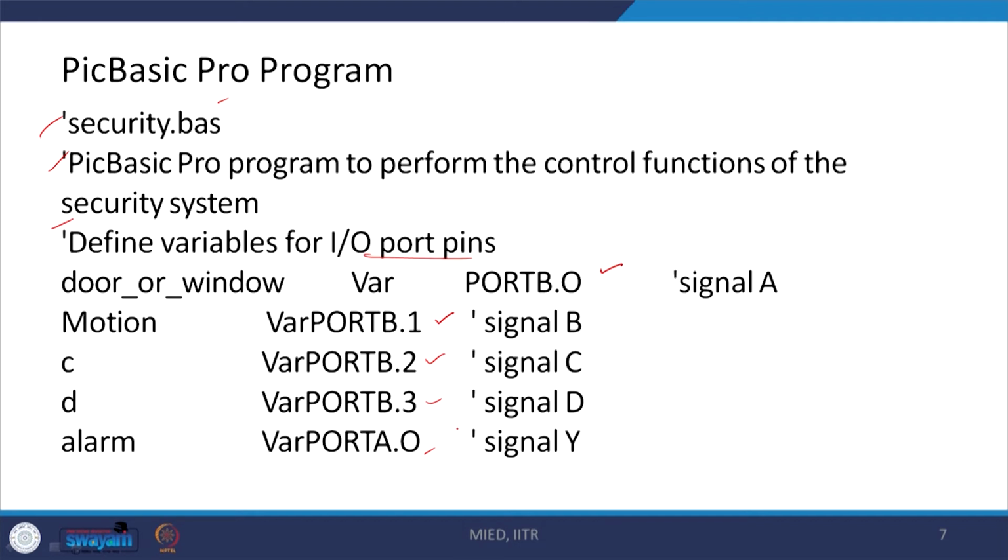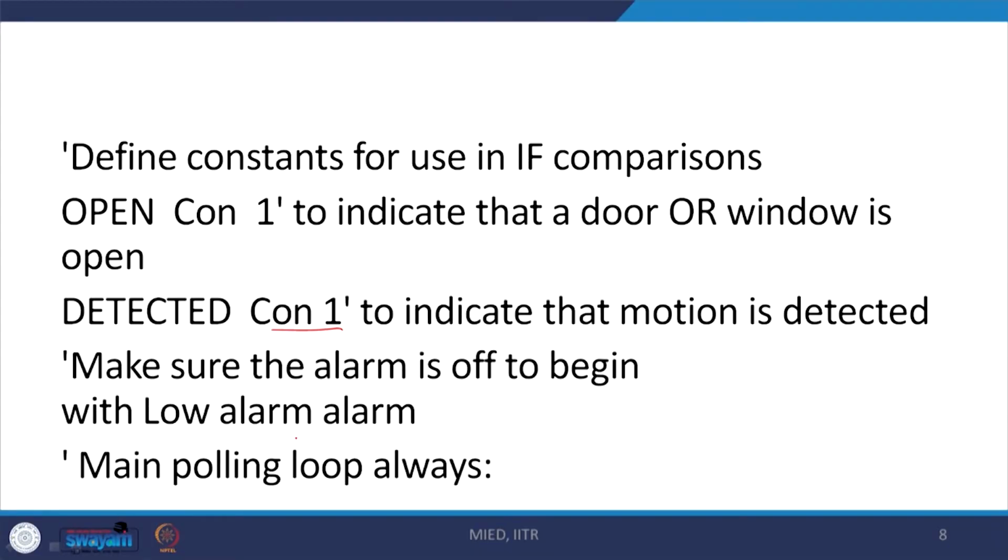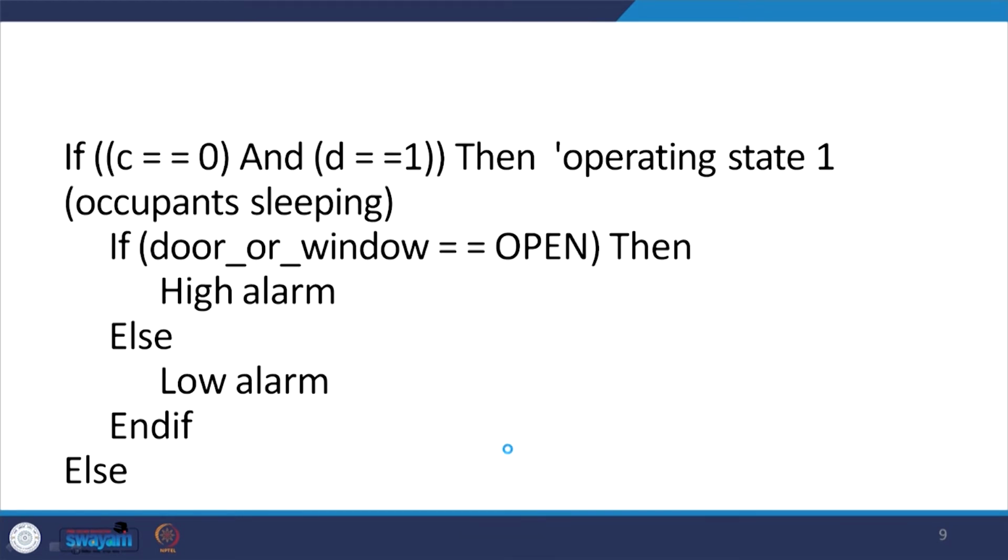So, this is port B0 and this is signal A, and likewise we have other signals, and here the variable detected is set to 1 to indicate that motion is detected. These are, as I said, the comment statements. So, our programming could be like this.